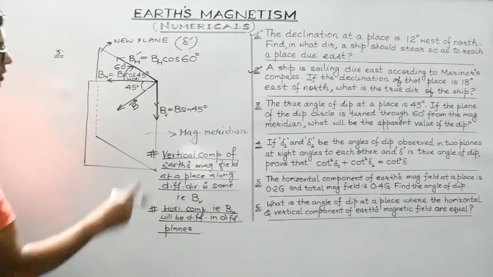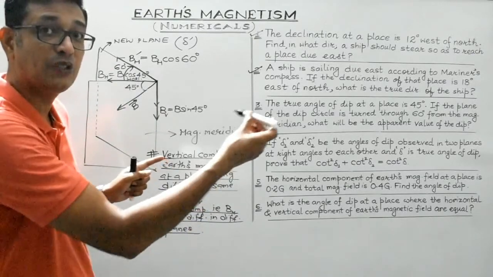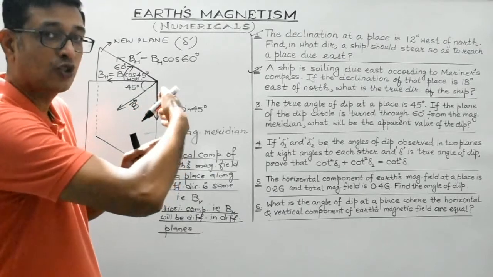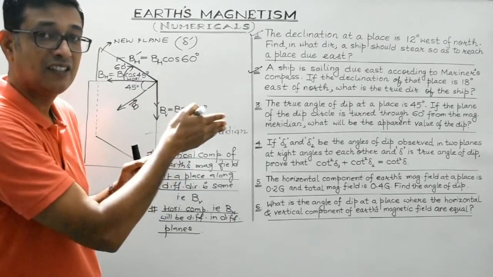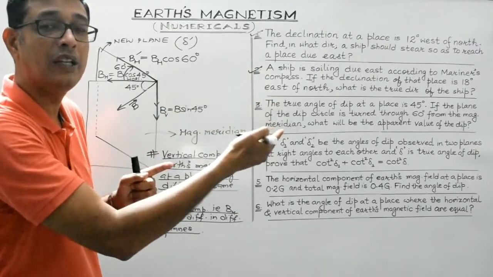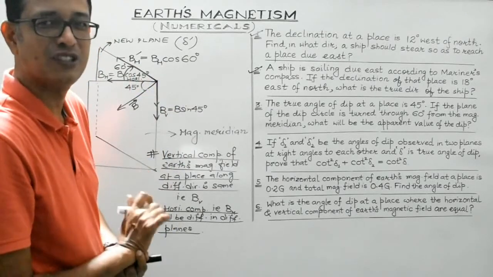So therefore, in the magnetic meridian, the horizontal component of Earth's magnetic field is BH. If the plane is rotated through an angle of 60 degrees, then on that plane, the horizontal component would be BH cos 60 degrees. Clear, students?